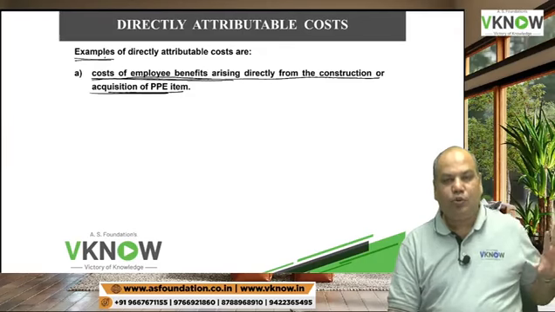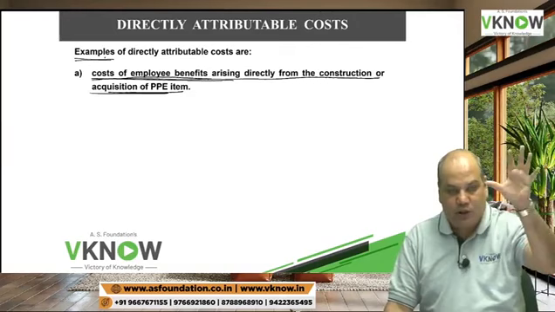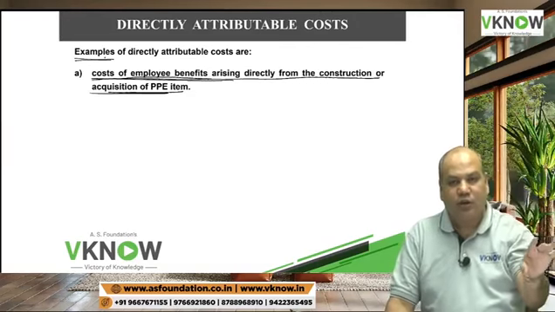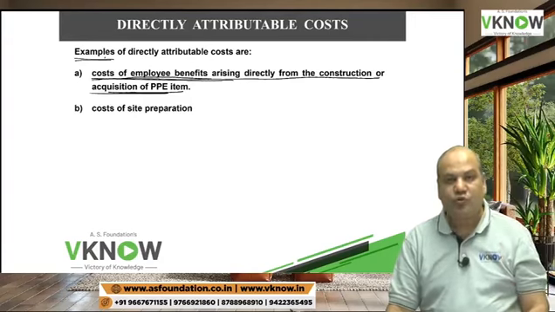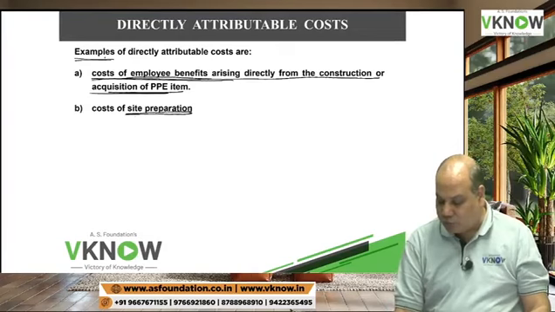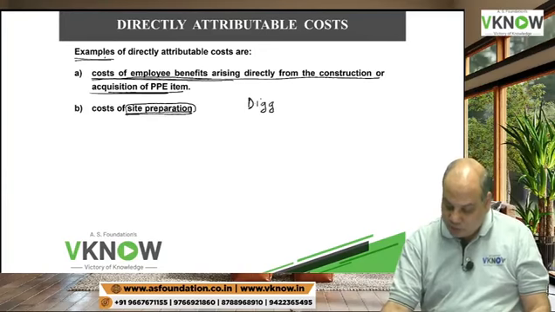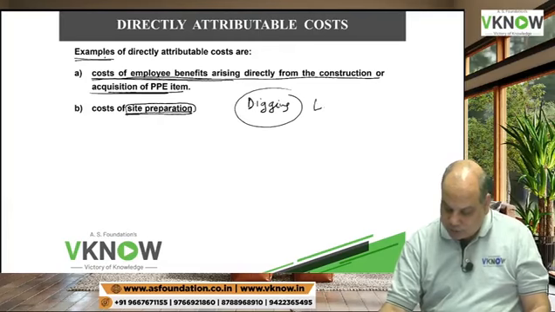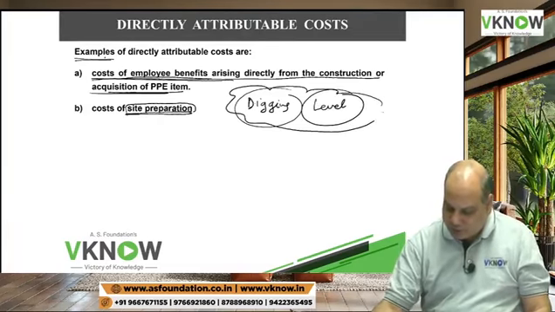So if an employee has worked for 2 months in the construction of a building, his 2 months salary will be added to cost of building. Then cost of site preparation. To make that site ready, you will have to do lot of activities. Is it right? So you may have to do digging, remove stones, soil, level it, etc., etc. That is called site preparation.